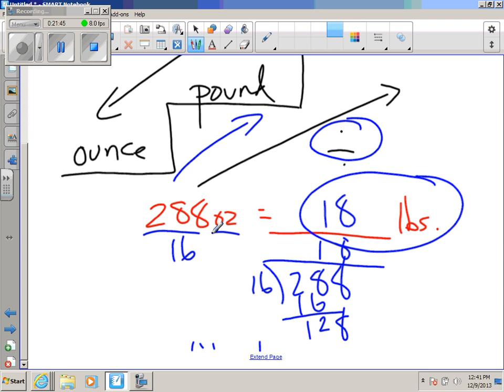You had 17. That means, well, yeah, then if you had one left over, you'd have 18 and 1/16th, right? I think I know what you're trying to say. If you had any left over, yeah, that's part of your fraction, part of your fraction with your mixed number.